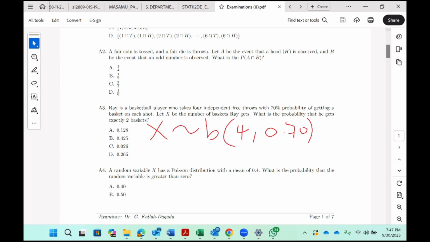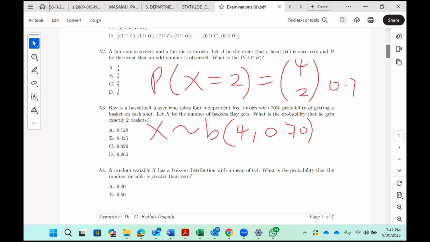So it means that the probability that X equals 2 will be equal to 4 combination 2, times 0.7 to the power 2, and 0.3 to the power 4 minus 2, which is 2. So calculate that probability and let me know.